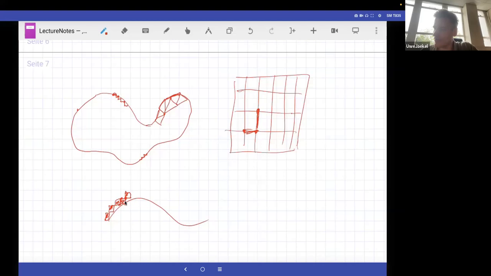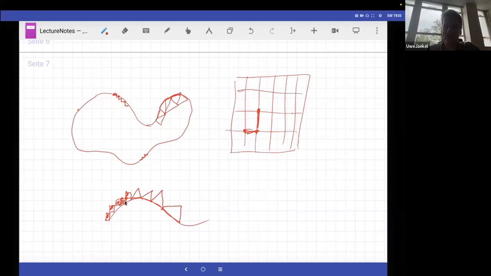While if you try to approximate this with triangles, you will possibly get away with a far smaller number of grid points. So you can save quite a lot of computational effort for complicated geometries.